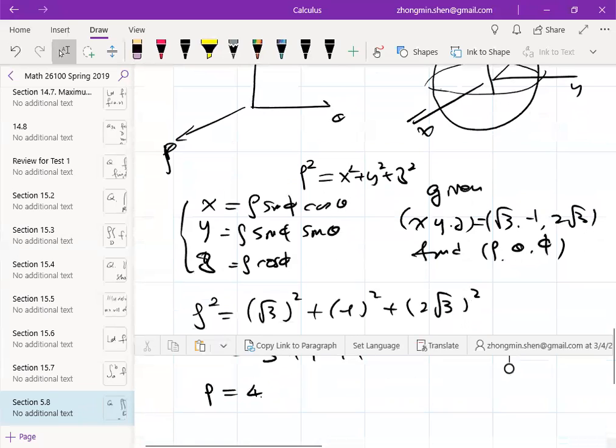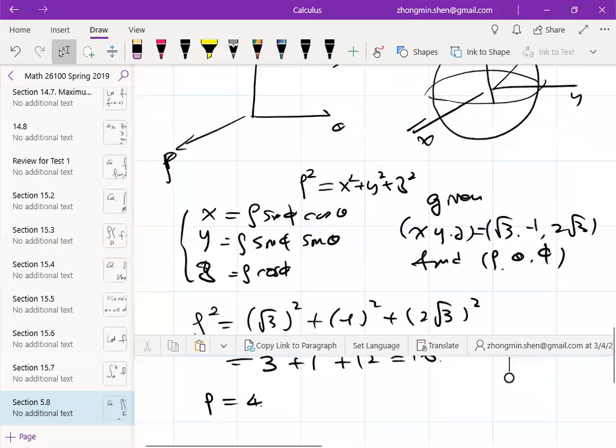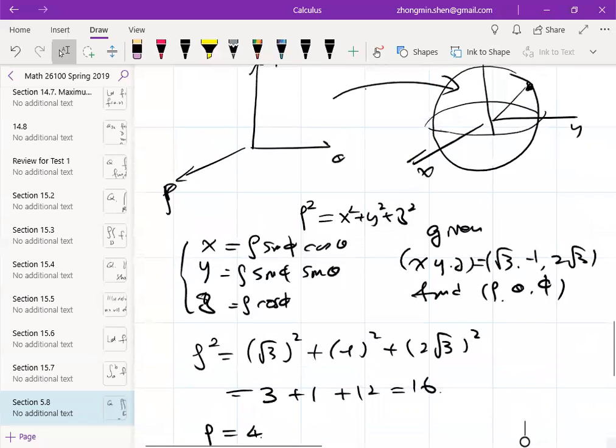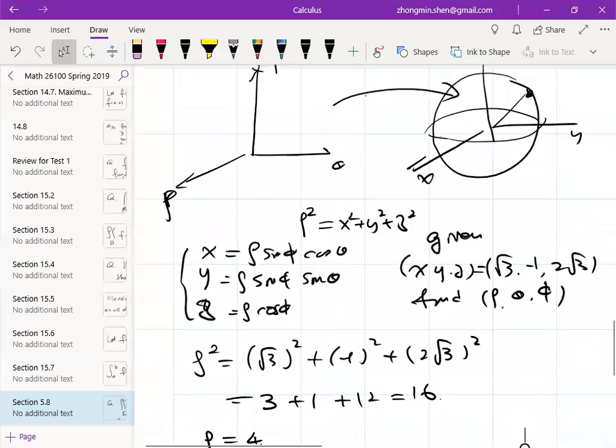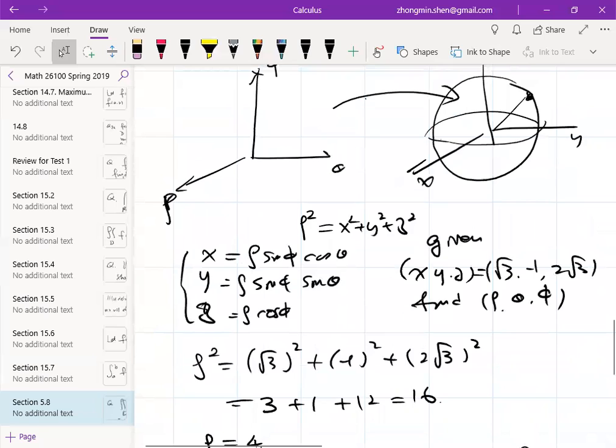So how can I determine theta and phi? I think I can determine theta first, since you already have the x and y coordinates. This is theta, and this is phi.